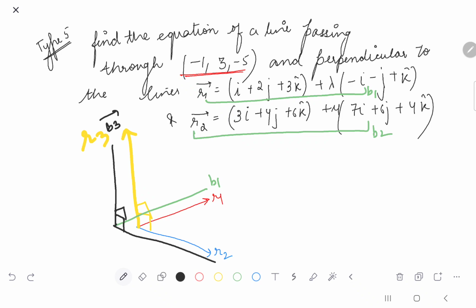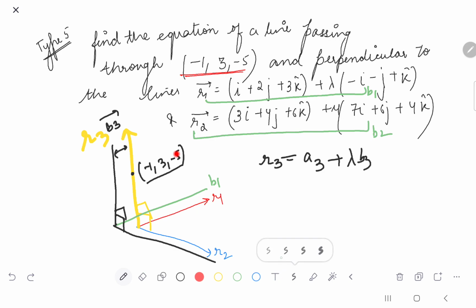Yes, ma'am. And that B3 shall be parallel to R3, because to find the equation of R3, I say A3 plus lambda B3. But the point is given to me, right? Minus 1, 3, comma minus 5. This is the point through which this line is actually passing. Are you understanding? Yes, ma'am.